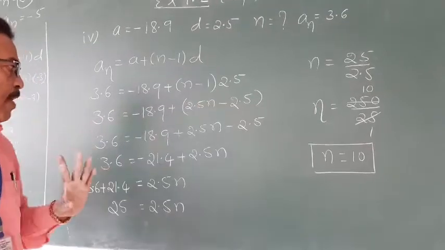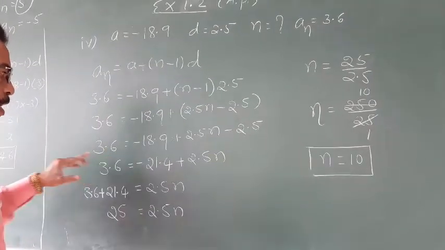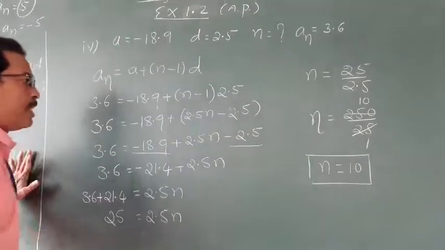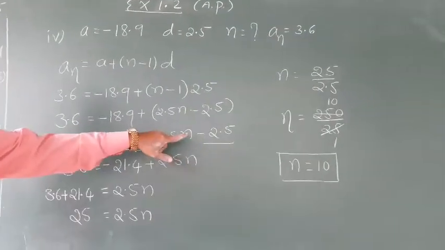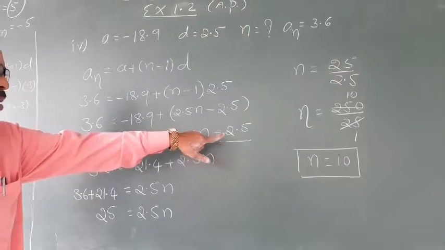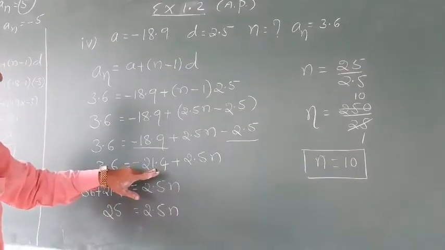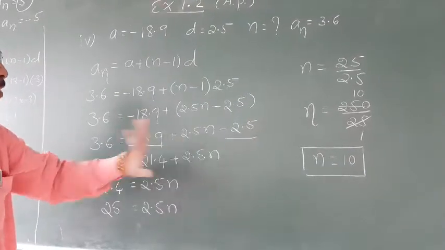After simplification, signs are the same, so we add and keep the same sign: 18.9 plus 2.5 is 21.4, that is minus 21.4 plus 2.5 n.